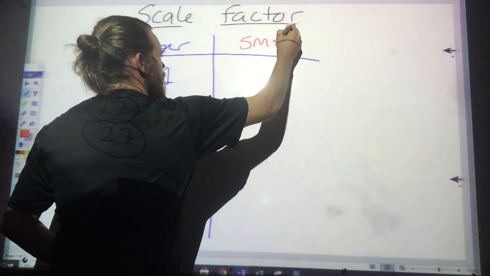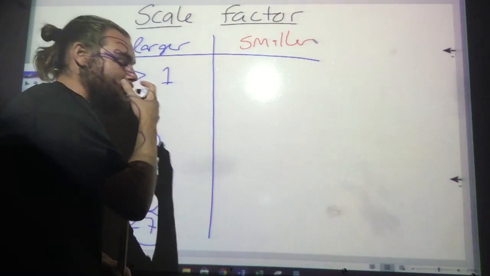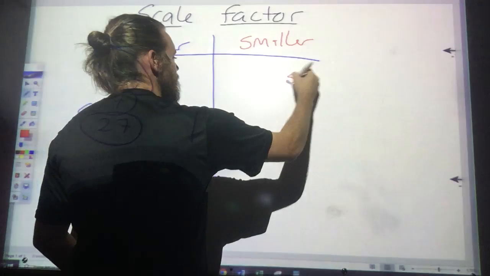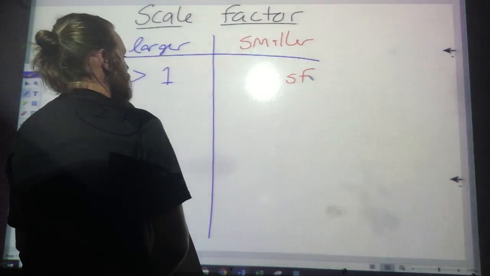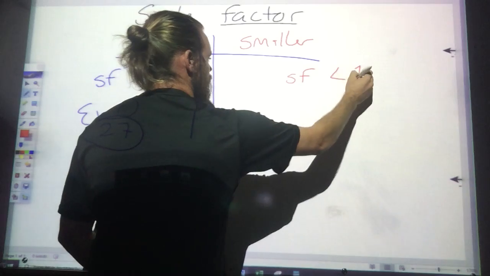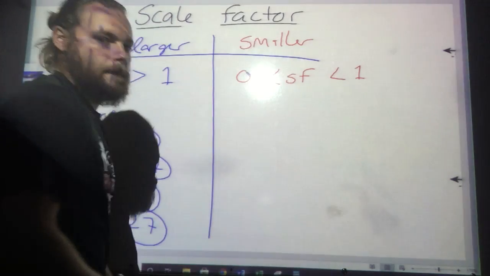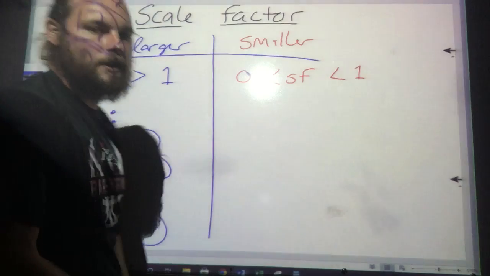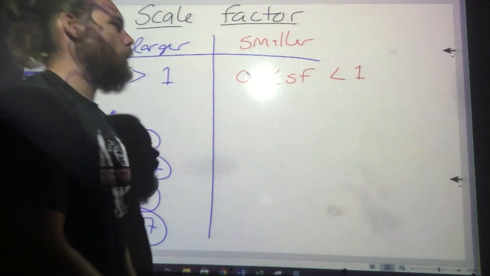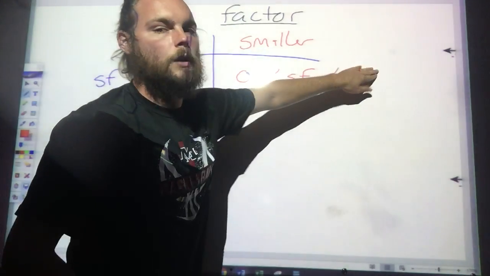To create a smaller image, it's a little bit different. Okay? I'm going to write this out. It's going to look confusing. That's fine. I'll explain it. So to create a smaller image, your scale factor must be less than 1 and greater than 0. Okay, your scale factor must be less than 1 and greater than 0. So ask yourself, what kind of numbers lie between 0 and 1?